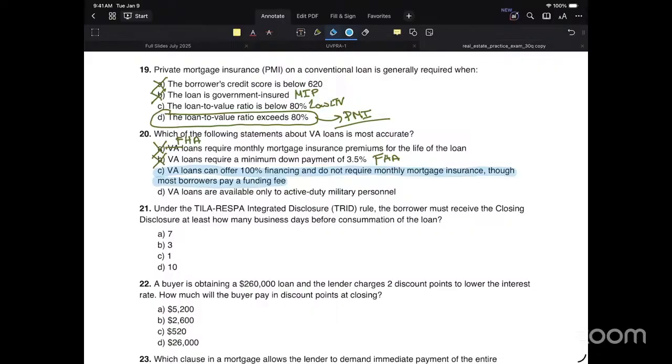So C looks good, but we need to make sure that D is wrong so that we know that C is correct. So let's see what D says. VA loans are available only to active duty military personnel. Well, no, that's not true because it's a VA. The V is for veteran.